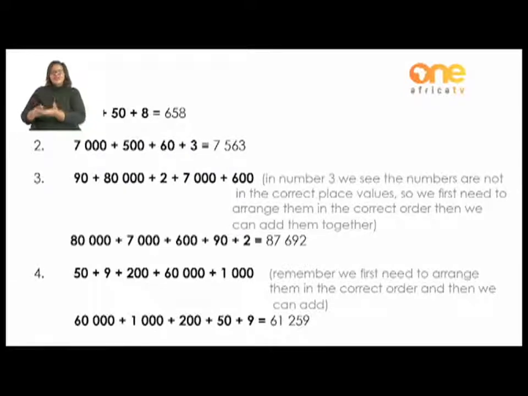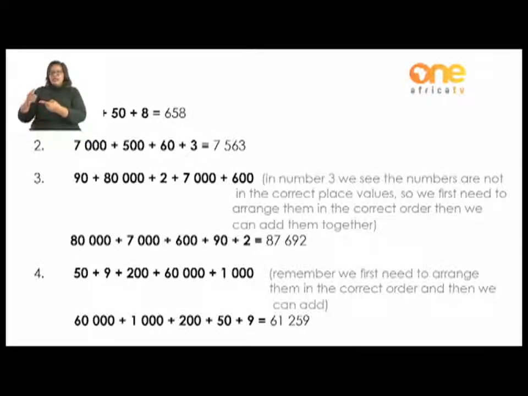So what we need to do first is arrange them in the correct order, and then we can add them together. So we're going to arrange them from the biggest number to the smallest. So our first big number is 80,000 plus 7,000 plus 600 plus 90 plus 2.